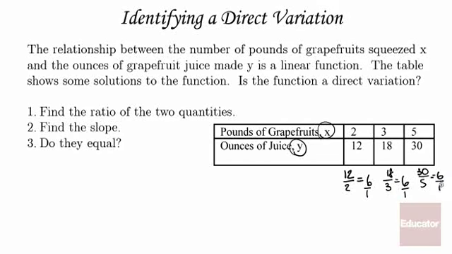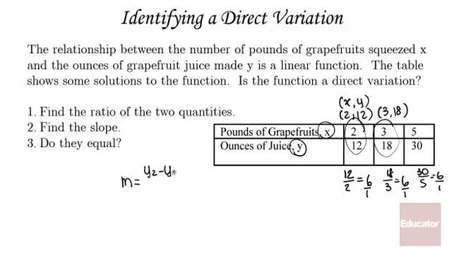Find the slope. Remember that in the last unit you could use any two values which represent a coordinate pair, x, y. So this one would be 2, 12, and this one would be 3, 18. And remember the formula for slope is m equals y2 minus y1 over x2 minus x1, where these are x1, y1, x2, y2.